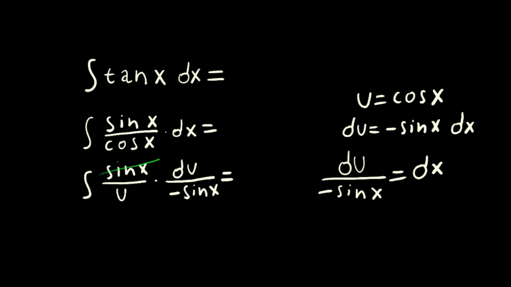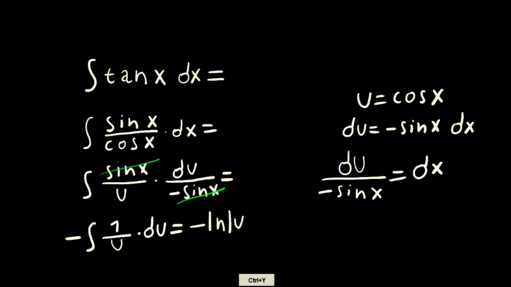So, let's replace cosine with the u variable and let's replace dx with du divided by negative sine. So, the expression that we now have is the antiderivative of negative 1 over u. If you recall, the antiderivative of 1 over x is ln x. So, for 1 over u it's ln of u.